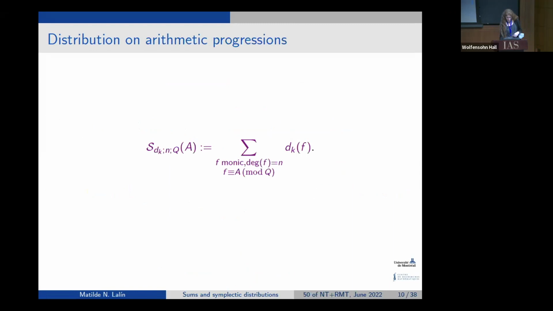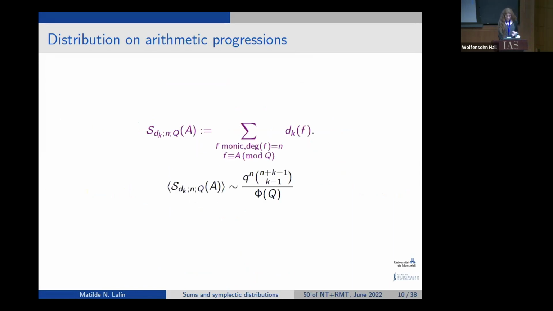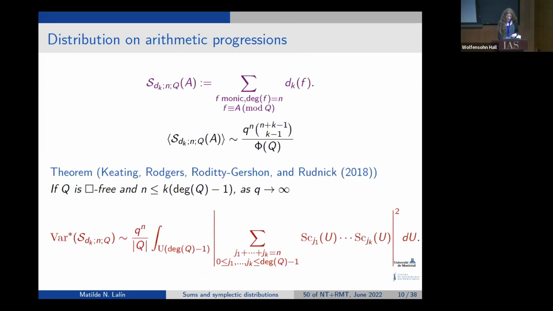But let me also talk about the other side, the problem with arithmetic progressions. In that case, one can also compute the mean, with a main term of the mean. And then again, there is a very similar result. Here I put a star because this variance is computed with the main term, not the mean completely.